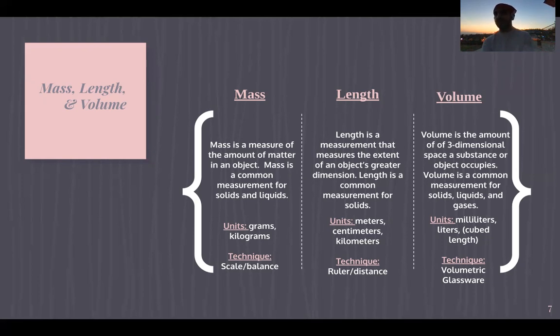And volume is the amount of three-dimensional space a substance or an object occupies, and it's common for solids, liquids, and gases. And we use milliliters and liters, because they're mostly liquids. We can do it with solids, we can do it with gases, but we're going to use liquids a lot. And of course, we figure this out using glassware that's labeled.